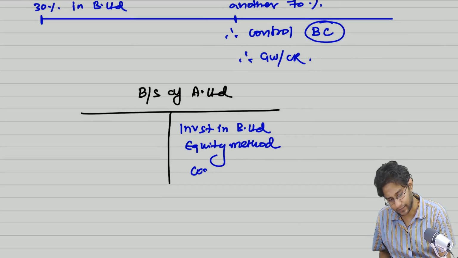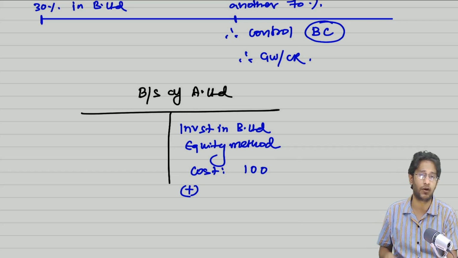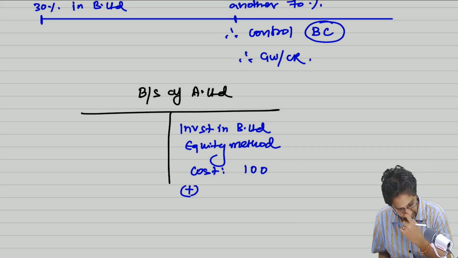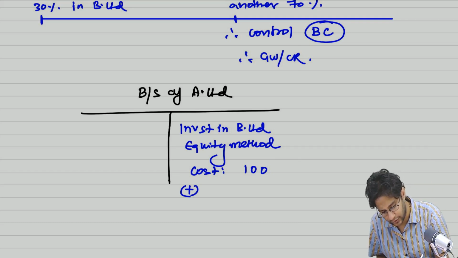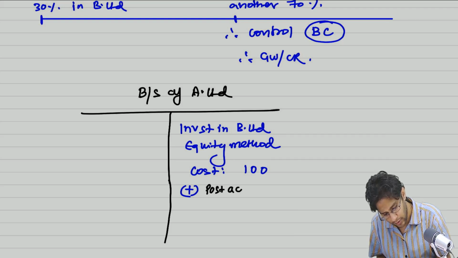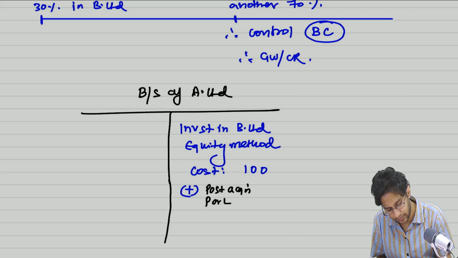Suppose your cost once upon a time is 100 lakhs. Equity method, what we will do is we will add the post acquisition profits of B Limited, and you add that to investment and also to your profits. Let us say post acquisition PRL, in this sum 3 lakh rupees we have added.